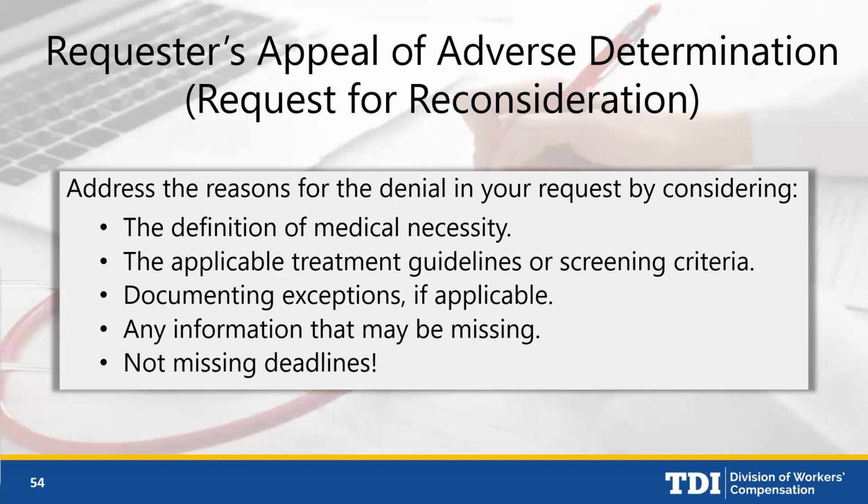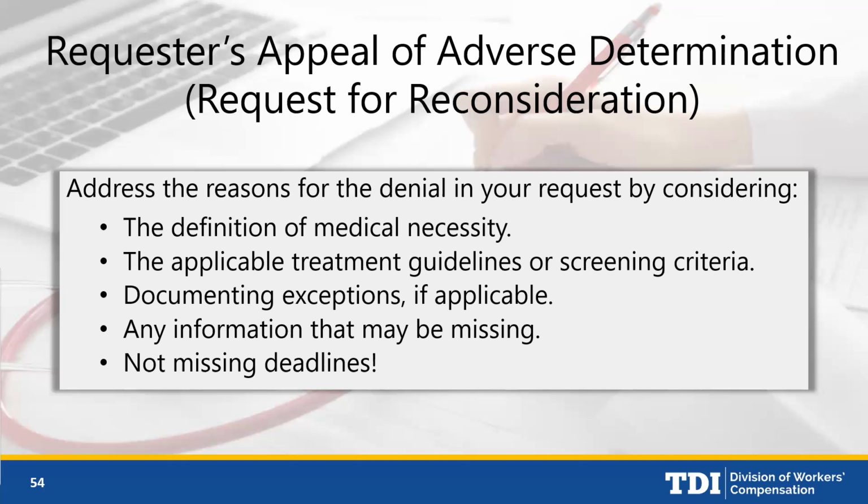You're going to need to address the reasons for the denial. So read that adverse determination and see what you need to overcome. What are their reasons for not thinking it's medically necessary? Remember the definition of medical necessity in the statute and in the rules. Use your treatment guidelines or screening criteria. Document exceptions.